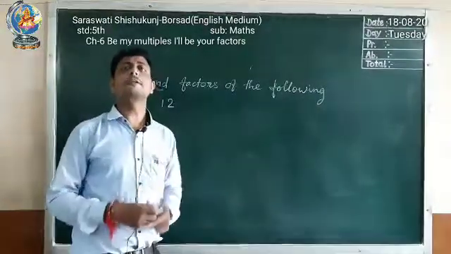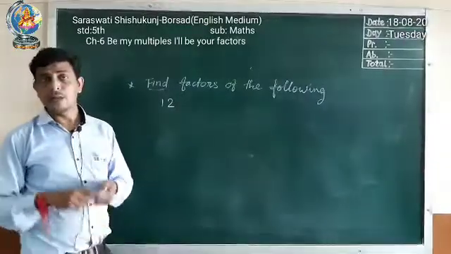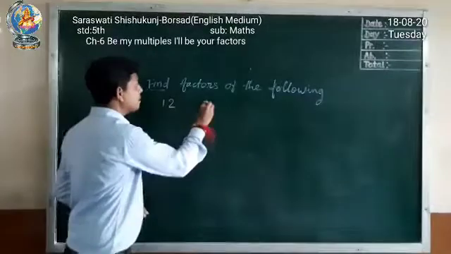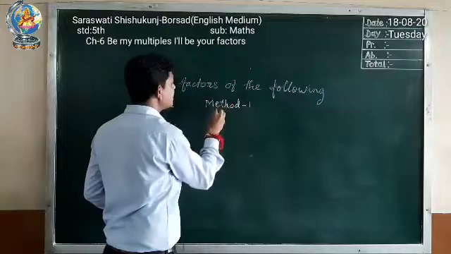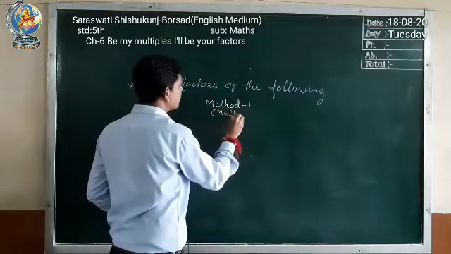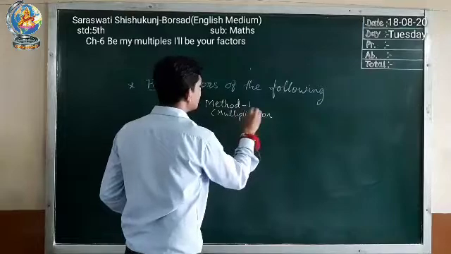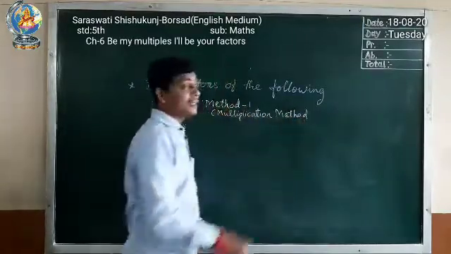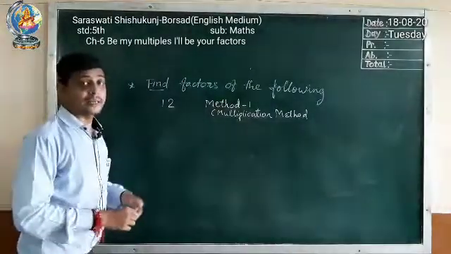There are two different methods: multiplication method and division method. First of all we will learn method number 1, that is the multiplication method. By the multiplication method we can easily find out the factors of 12.